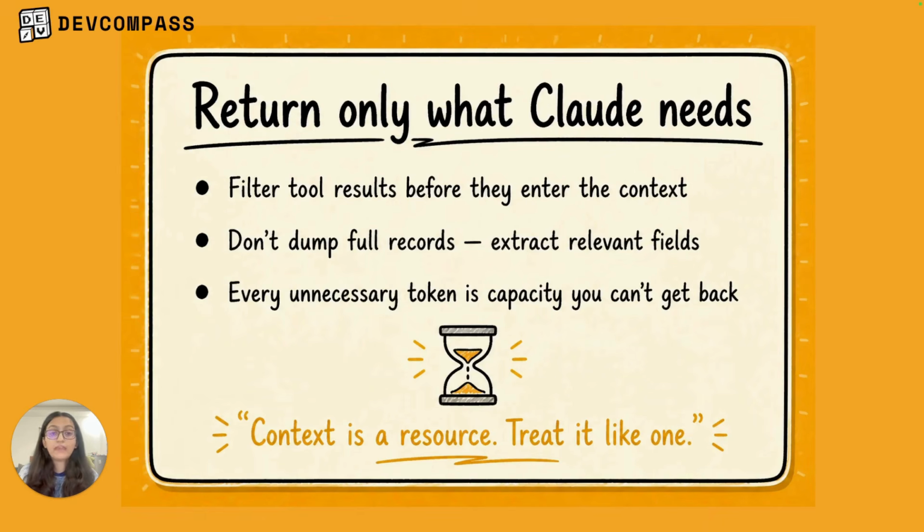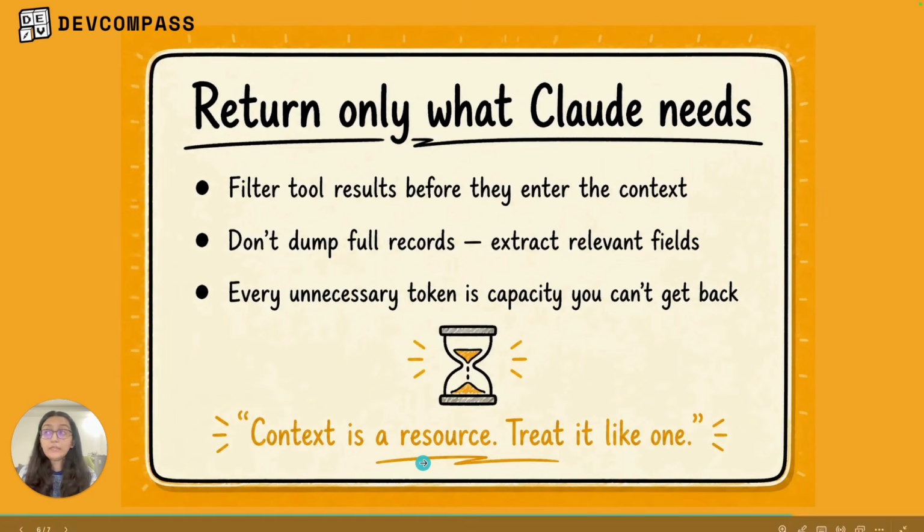No. There are persistent case facts, blocks, context compaction, scratch-pad files, etc., very jargony terms. But there's one instinct you should build immediately, and it's on screen. Return only what Claude needs. That's the rule.